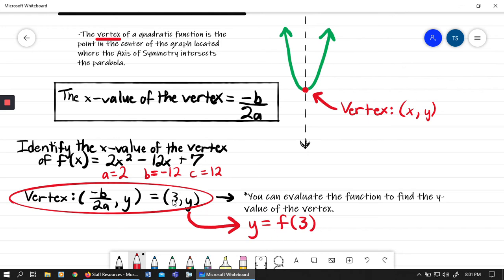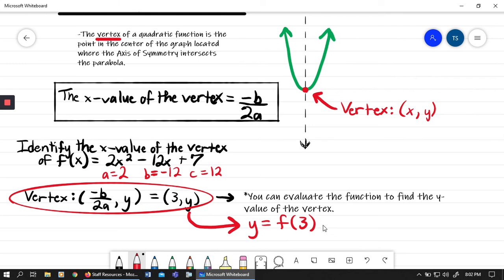It would be us finding this function value, or the y value, given this particular x value. Finding f of 3 means that we substitute, or plug in, 3 everywhere in that equation where we see x.